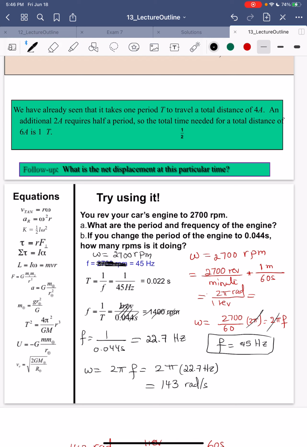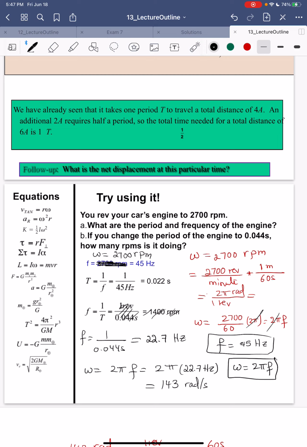Now, you rev your car's engine to 2700 RPM. What are the period and frequency of the engine? Here omega is 2700 RPM.